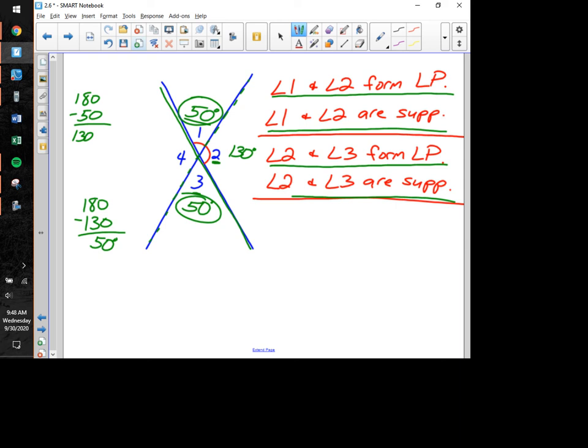And guess what? I could do it again now for angle 3 and angle 4 and take 180 minus the 50 degree angle, which I already did, and get 130 degrees here for the measure of angle 4. So sure enough, that proves that these two vertical angles are congruent as well.